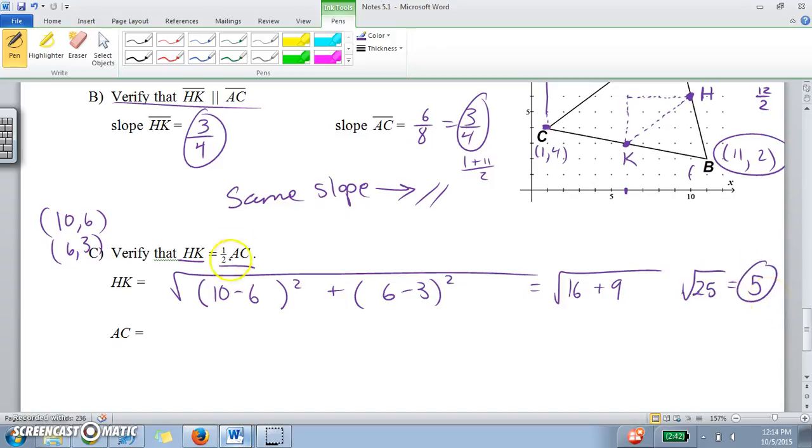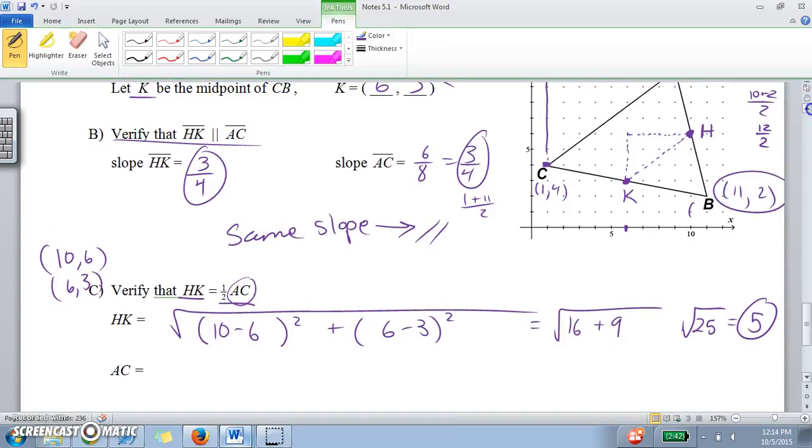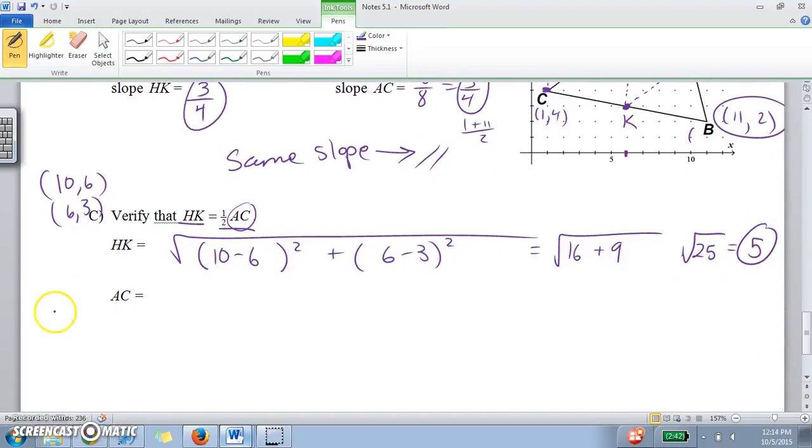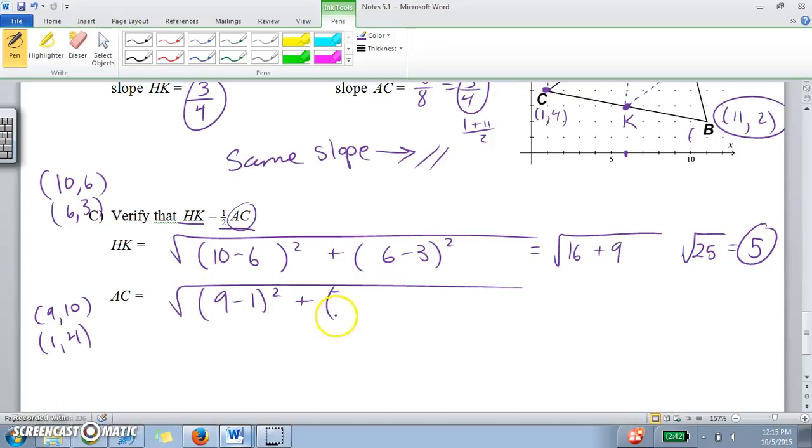So HK is 5, which means half of AC should equal 5. So AC should equal 10. So that when we take half of it, we get 5. So let's figure that out. So A and C, coordinates of A are 9, 10, and the coordinates of C are 1, 4. So if I plug these in the distance formula, difference of my x coordinates, 9 minus 1 squared, plus difference of the y coordinates, 10 minus 4 squared.